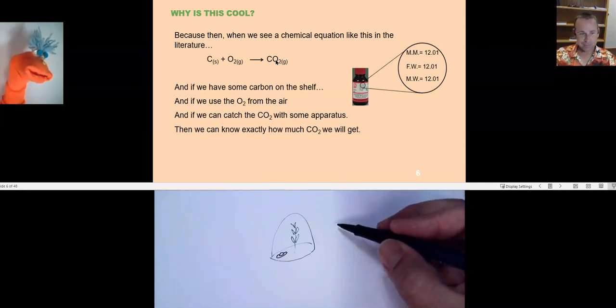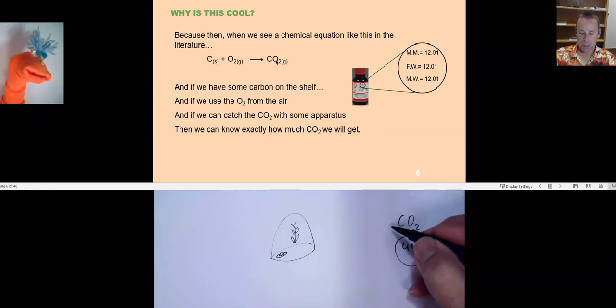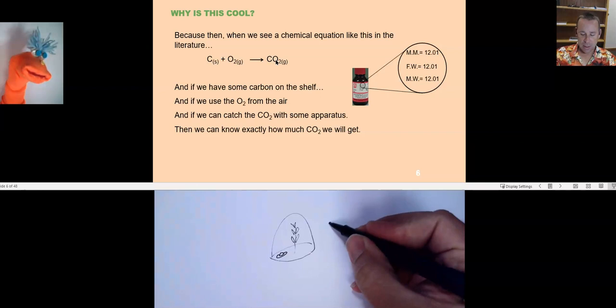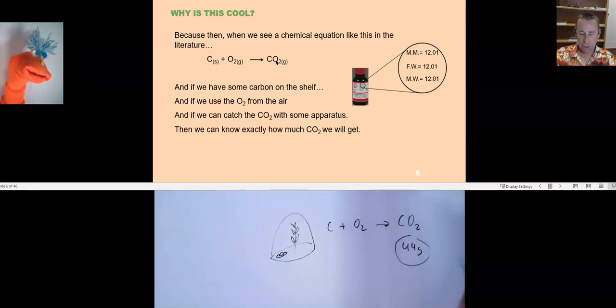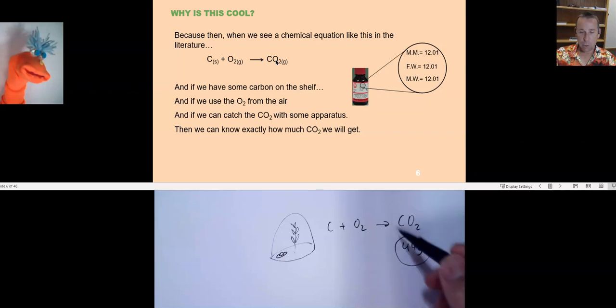So if I wanted to get a certain mass, let's say I want 44 grams of carbon dioxide, I would know exactly how many grams of carbon and how much oxygen I would need to get that 44 grams. If I want 44 grams of carbon dioxide, I can determine how many moles of carbon dioxide that is.